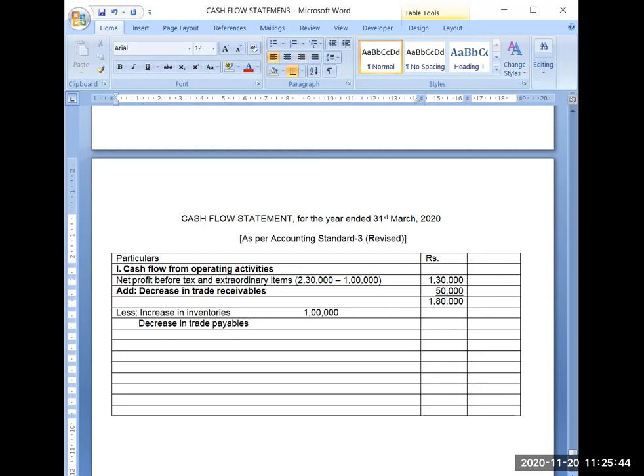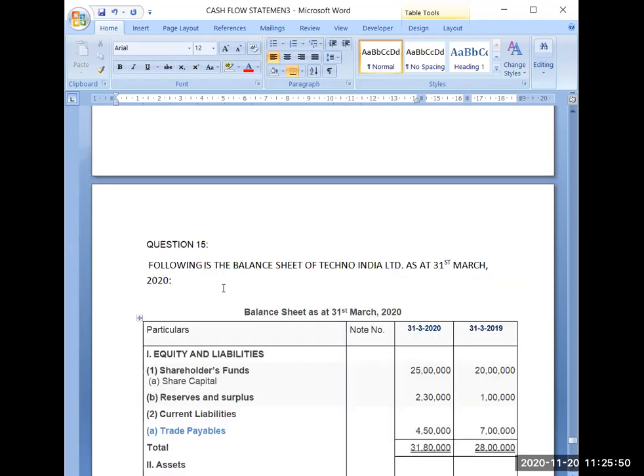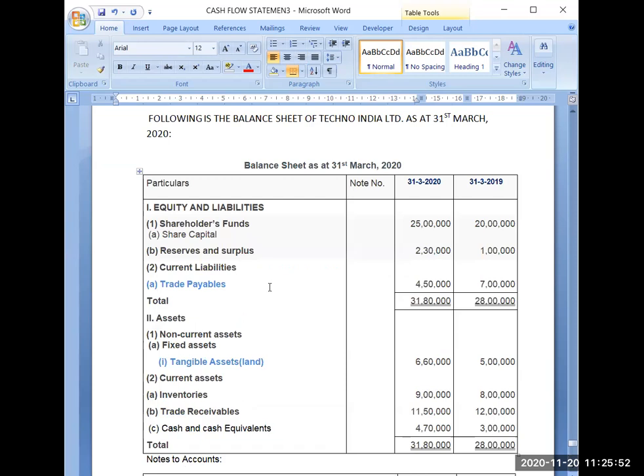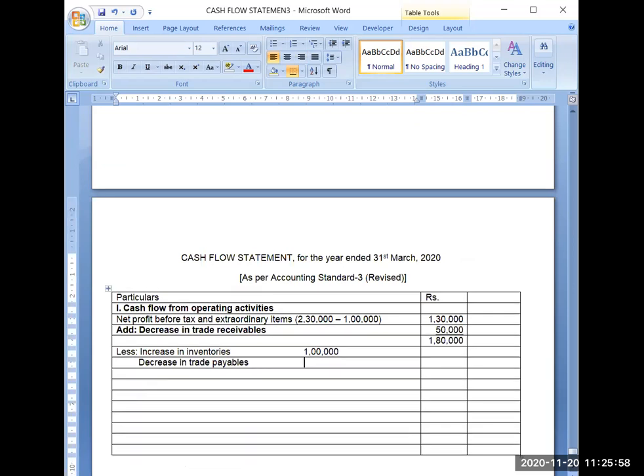Trade payables are reducing how much? Trade payables are reducing 2,50,000. So 2,50,000 is also to be reduced. So that means total 3,50,000 is to be reduced.